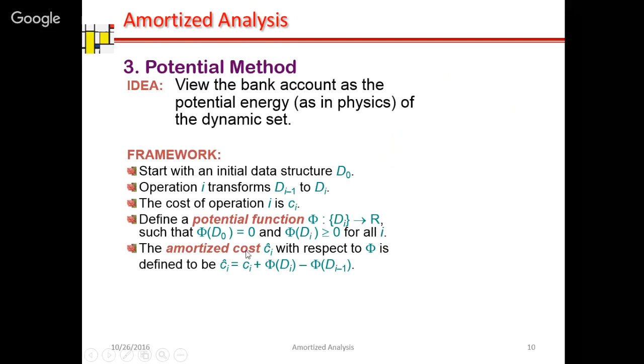The amortized cost, c-hat sub i, with respect to phi, is defined as the actual cost plus the difference between phi of D sub i and phi of D sub i minus 1.